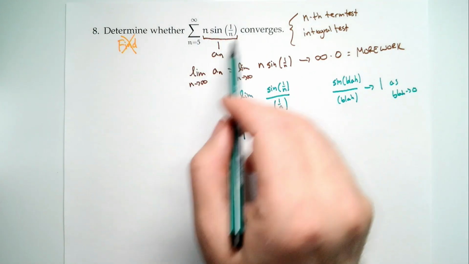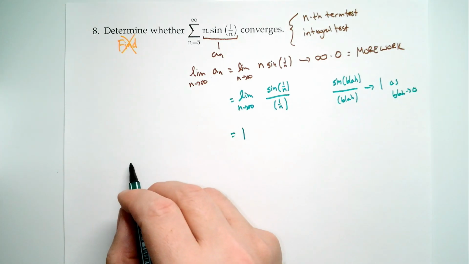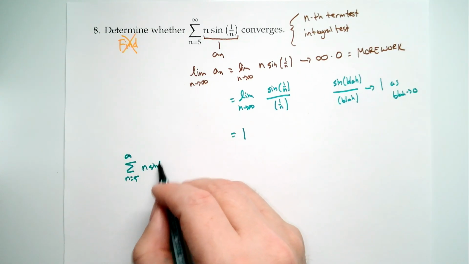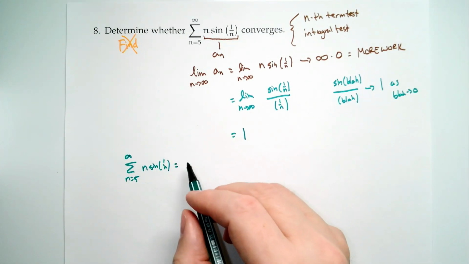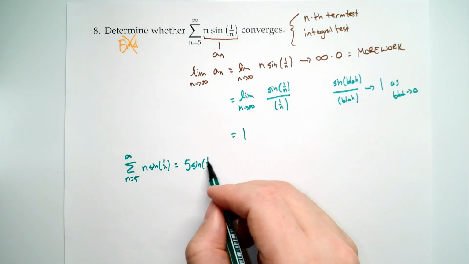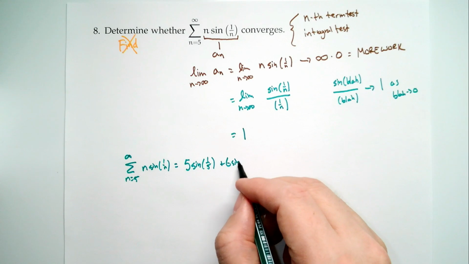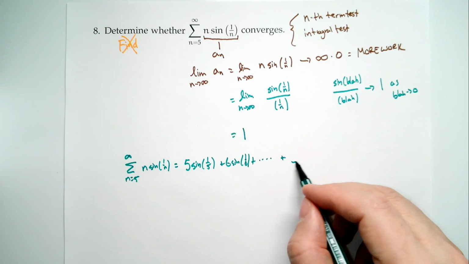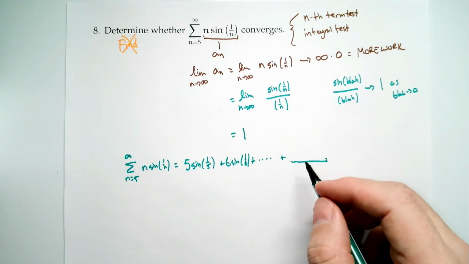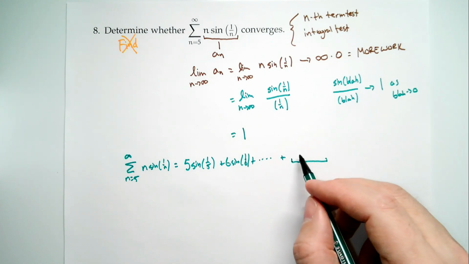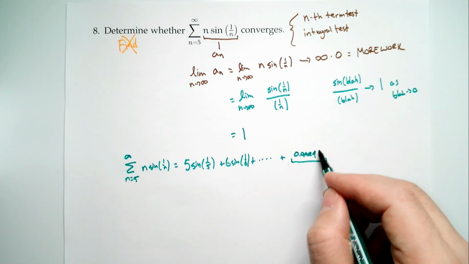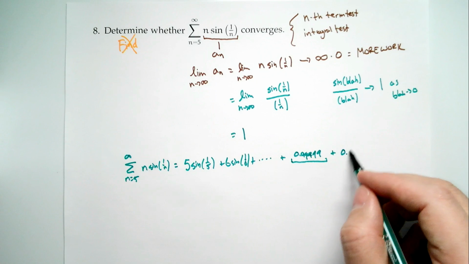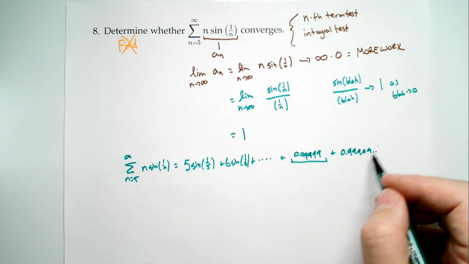So, what does that say? Well, if you add these numbers up, the sum from n equals 5 to infinity of n sine 1 over n, you get some numbers at the start, 5 times sine 1/5, 6 sine 1/6, and so forth. But if you get really big, it's going to be 0.99999, slightly below 1, plus again 0.9999, and so forth.